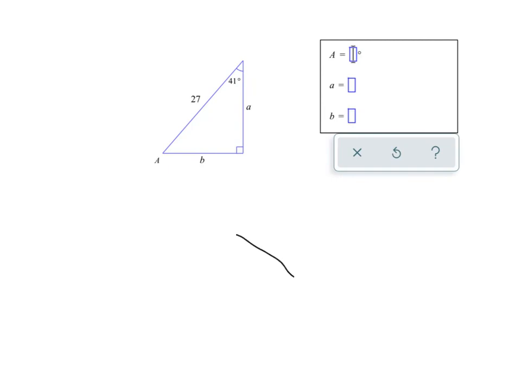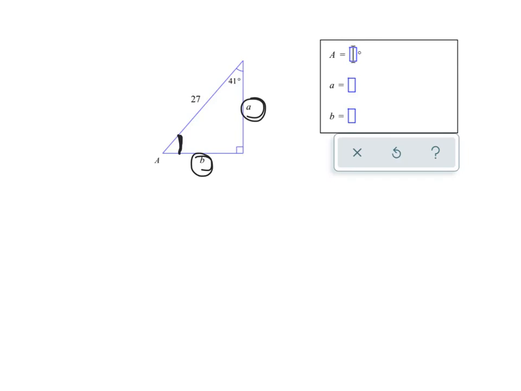Let me erase that. So the directions are to solve this triangle. And when it says solve this triangle, we want to solve for A, which is this angle. And we want to solve for this side and this side.